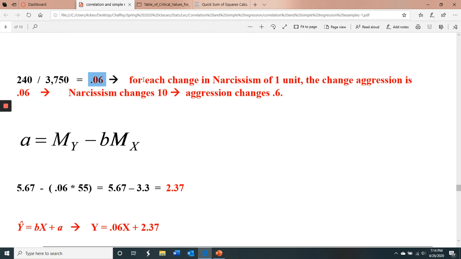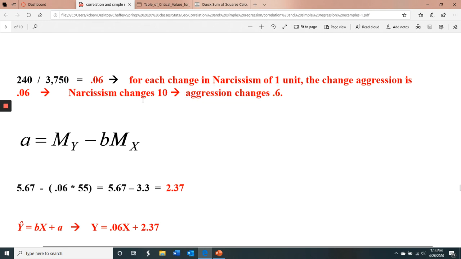What does that mean? It means for each point change on narcissism, it's related to a change in aggression of 0.06. So let's say we compare two people. One person has a score of 80 on narcissism, the other one scores a 90. So this line would say that the person who has 10 more points on narcissism should have an aggression score that is 0.6 points higher.